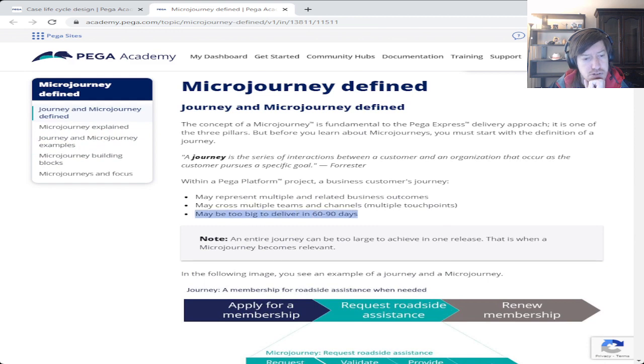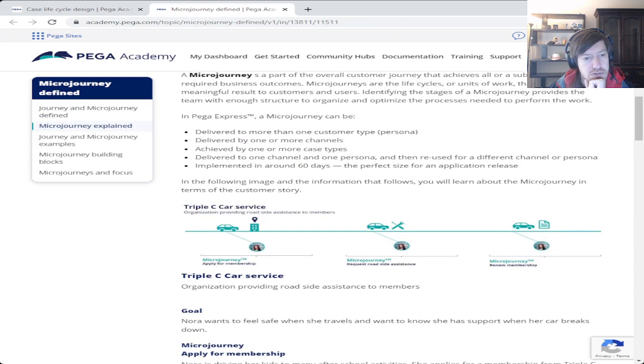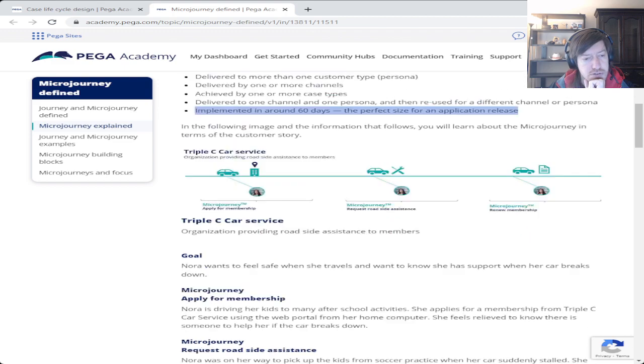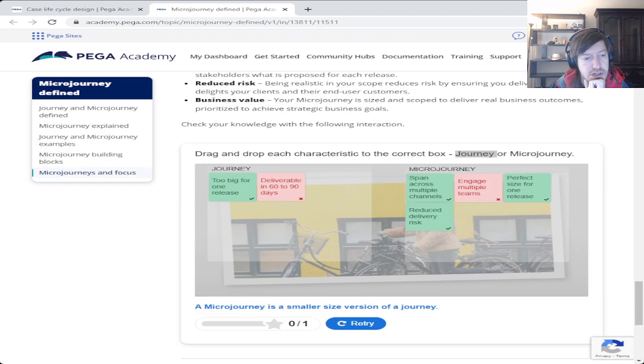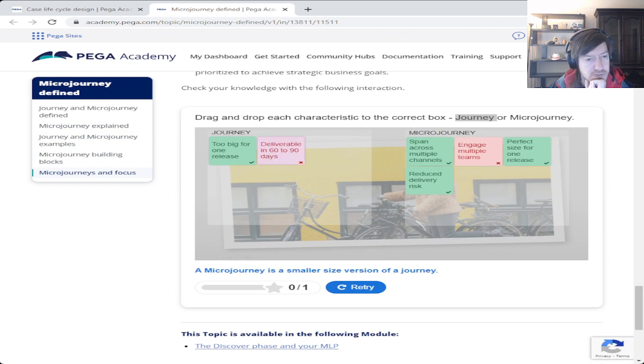Oh, okay. They do state that it's too big to deliver in 60 to 90 days. And that's what they say there. Okay. So that's fine, the fact that they're stating, hey, this should be part of the microjourney. But the thing is that the multiple channels and multiple teams should be over here on the journey. So, I mean, there's problems here.